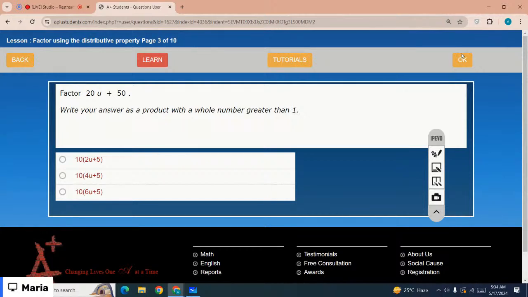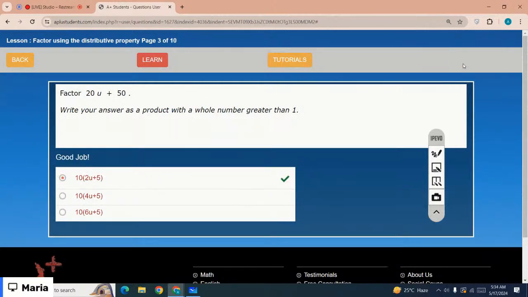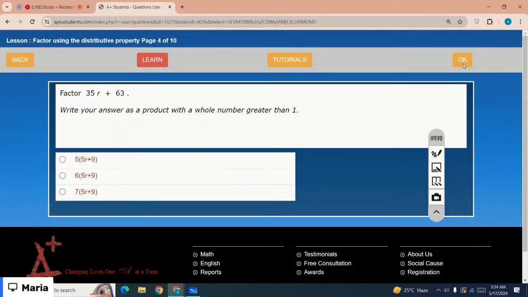That is option number one. Very good. The correct option is option number one. The next one is factor 35r plus 63, which is the correct option? Which option is the correct one?